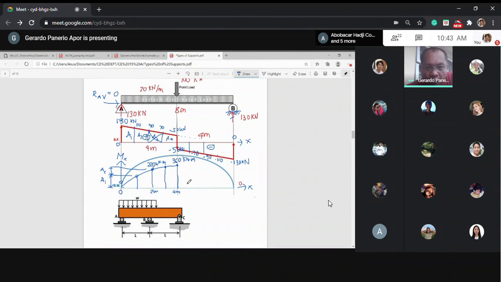So on the other side, you assume a curved line because of the shape, the trapezoid. But this line goes down. Okay, it's like that.